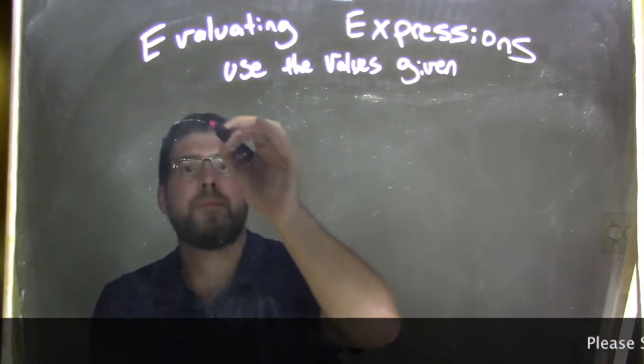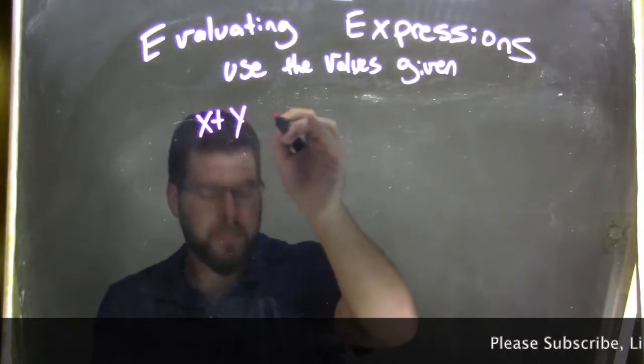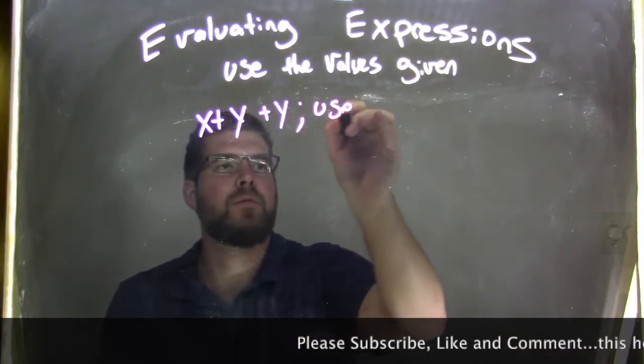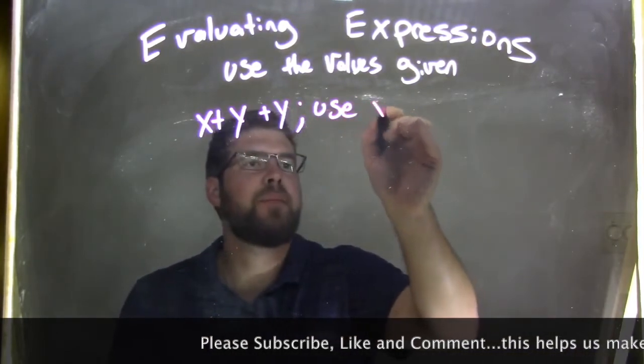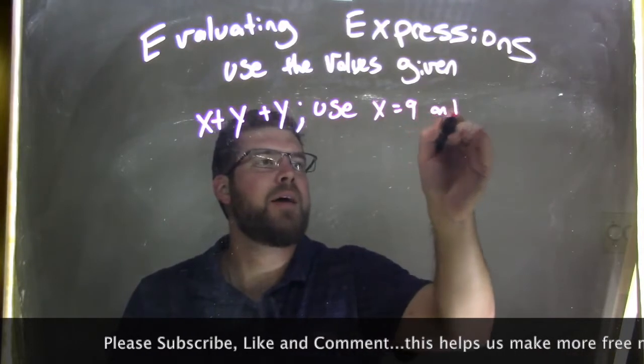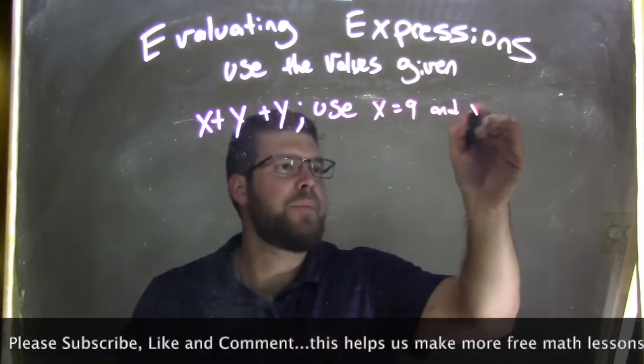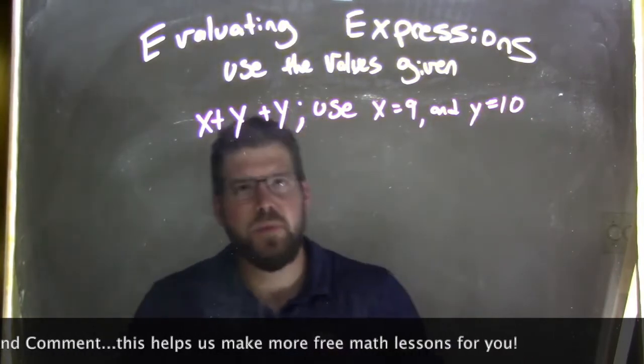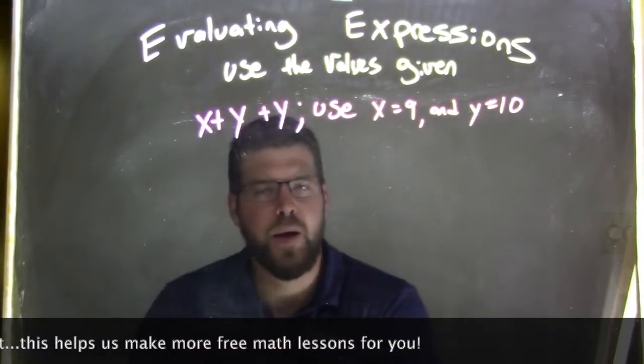X plus y plus y. And I need to use x equals 9 and y equals 10. Well, this one's tricky because we have 2 y's written there, right? Y plus y.